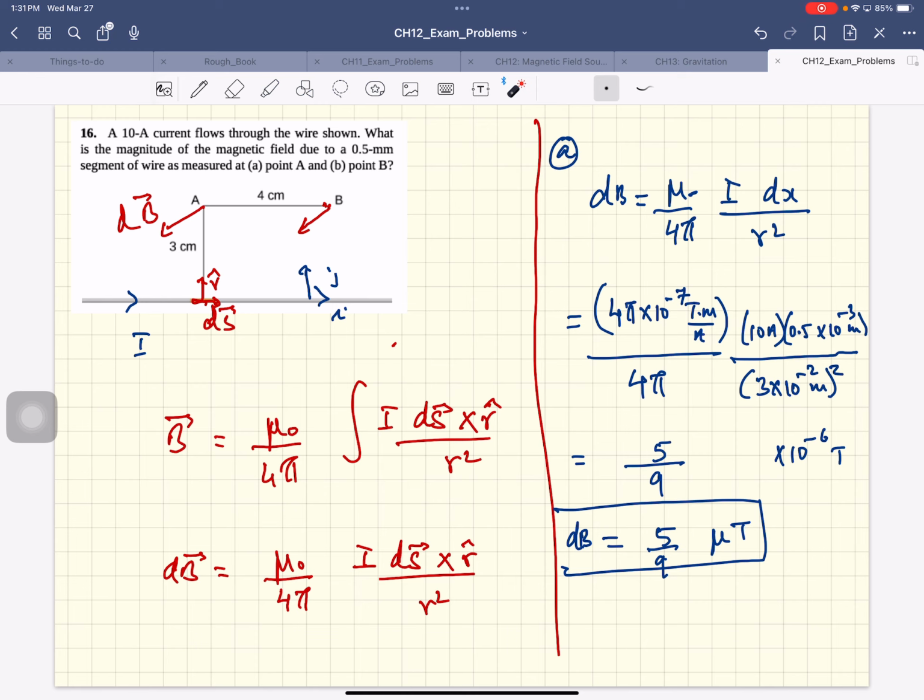The directions are the same. Now the field due to a small element here at this point would be the same as this, and the field due to this element at that point would be the same as this. Do you understand?